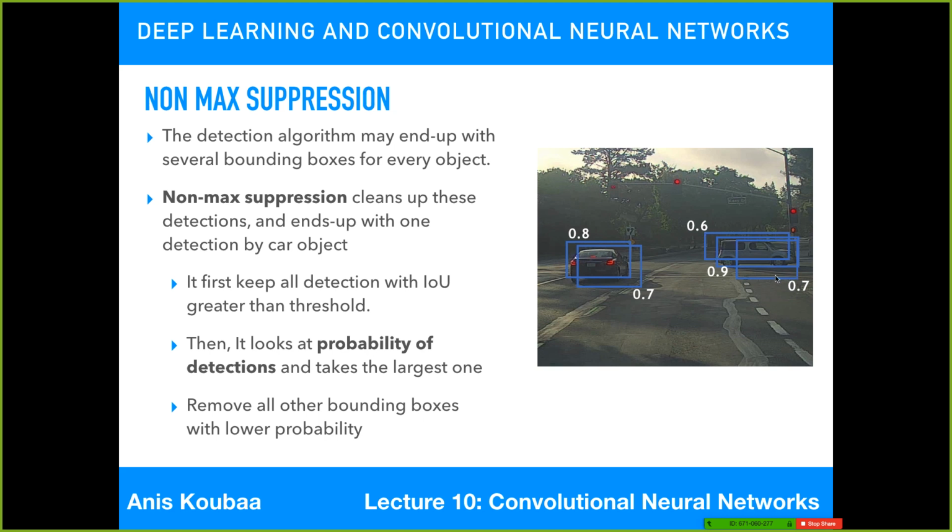And this one says that this is a car with 70% accuracy. So we'll keep the maximum probability of detection. So 0.6 and 0.7 are going to be removed. Same thing here. If we compare 0.7 and 0.8, we will keep only the maximum probability of detection. So finally you will end up with only one bounding box per prediction.